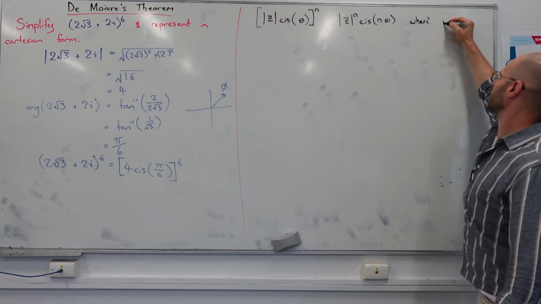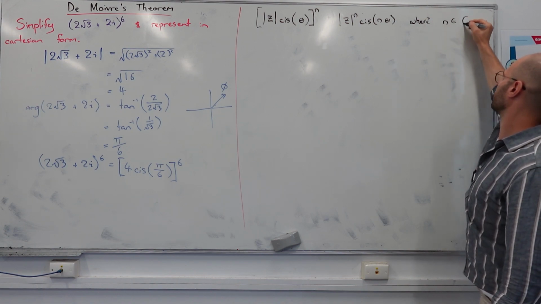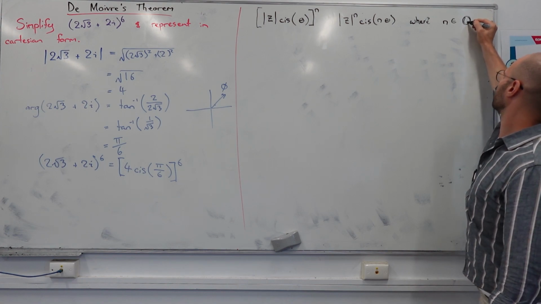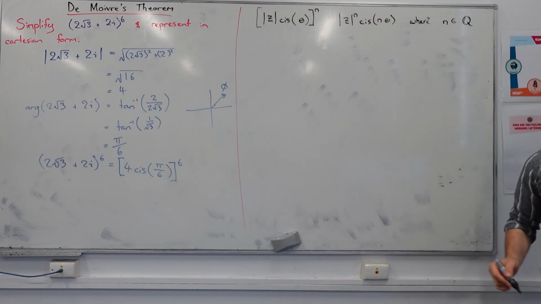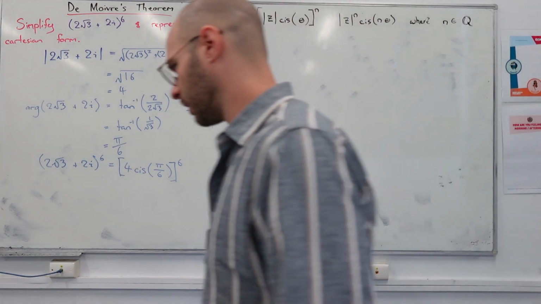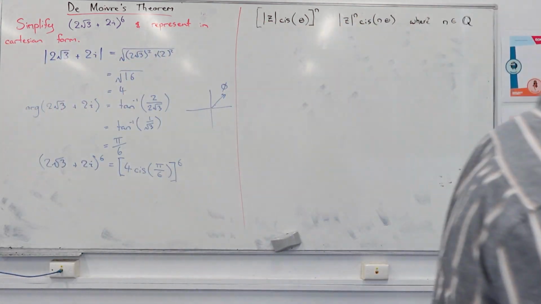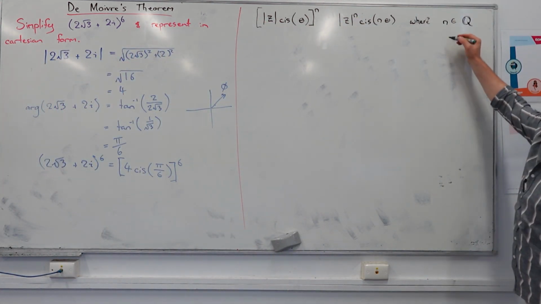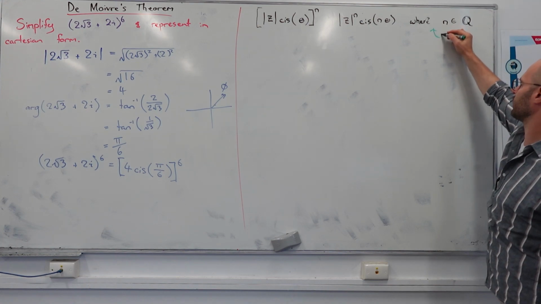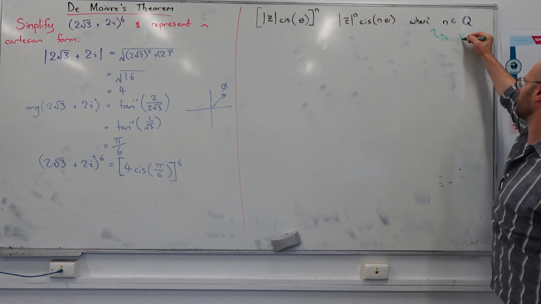Where n is a rational number. So this over here, this is de Moivre's theorem.